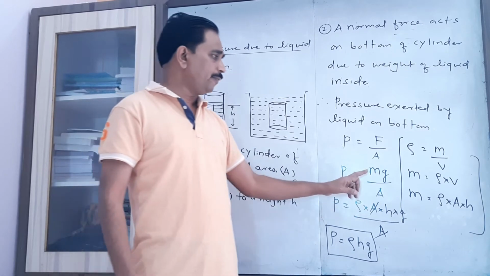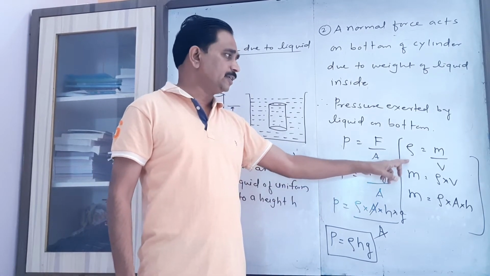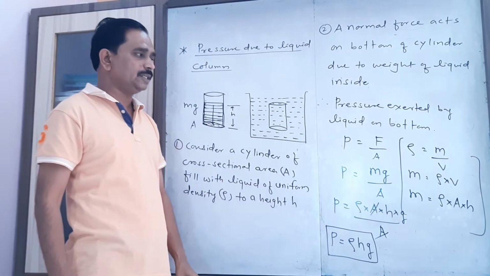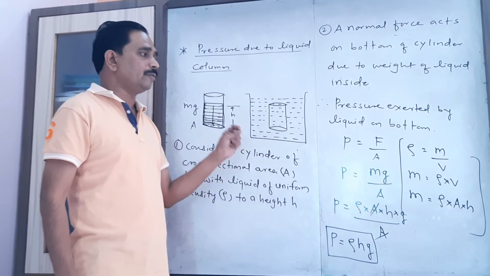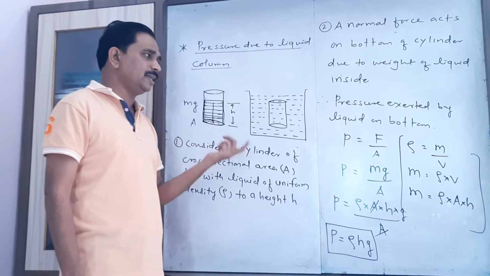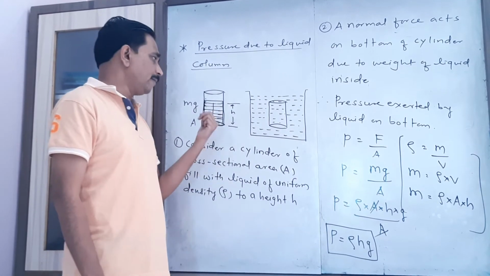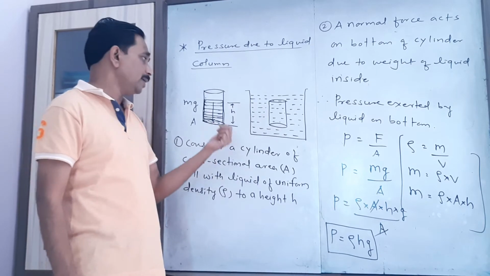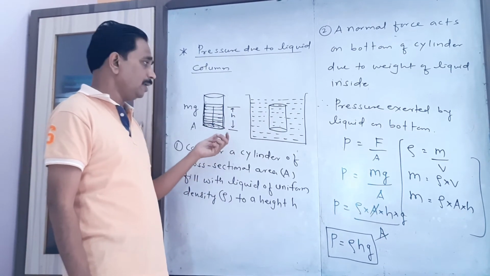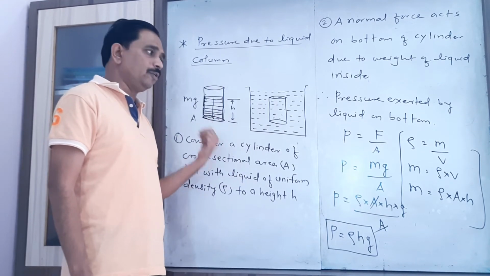Now put the value of m from the formula: density equals mass upon volume, therefore mass equals density into volume. You have to put the volume of the cylinder, because the liquid is taken in a cylinder, and when we pour the liquid into that particular vessel, its volume equals the volume of the vessel.